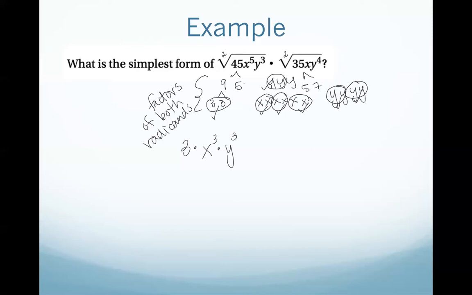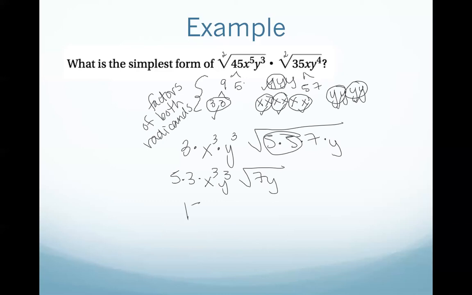And then I have the square root of 5 times 5 times 7. Those are my numbers that weren't circled. And there's also a y that's not circled. But notice those 5s, I've got 2 of them now, so I can pull that out front as well. So 5 times 3 times x cubed y cubed times the square root of 7y, which simplifies to 15 x cubed y cubed times the square root of 7y.